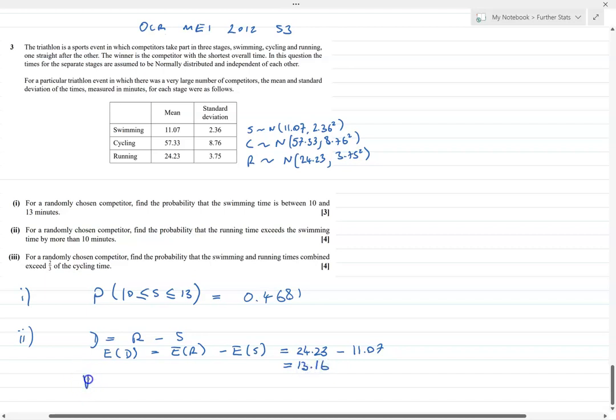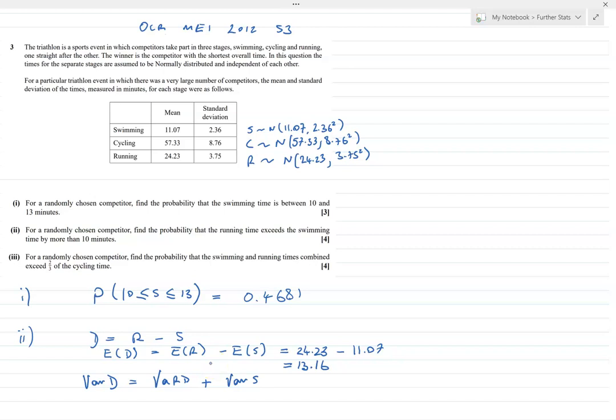But the var of D is equal to, and remember variances, we're always adding variances. It's basically the var of R plus the var of S, because, well, we're always adding variances. We never take them away. I suppose we could regard it as an application of this.